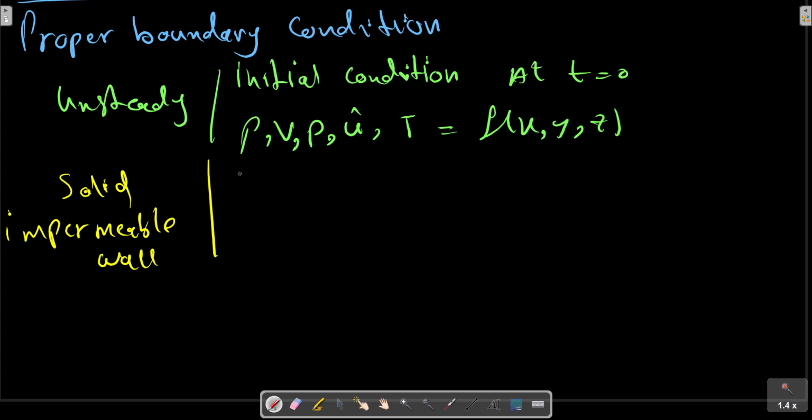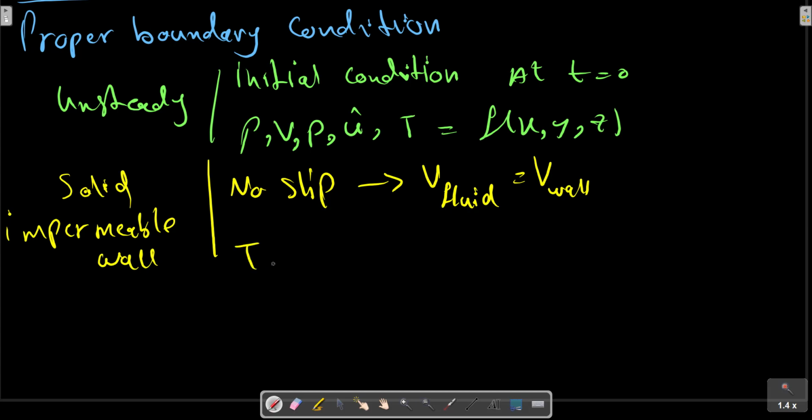No temperature jump, no slip condition, which means that the V fluid at the wall boundaries equals V wall, and the temperature of fluid equals T wall.